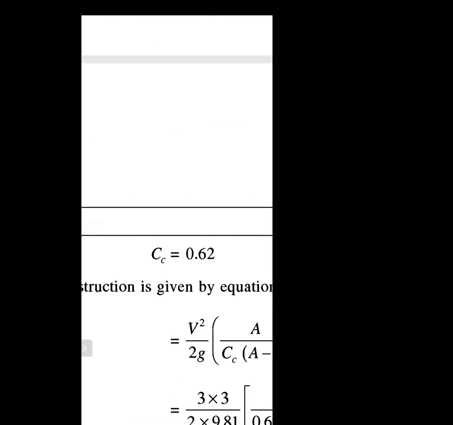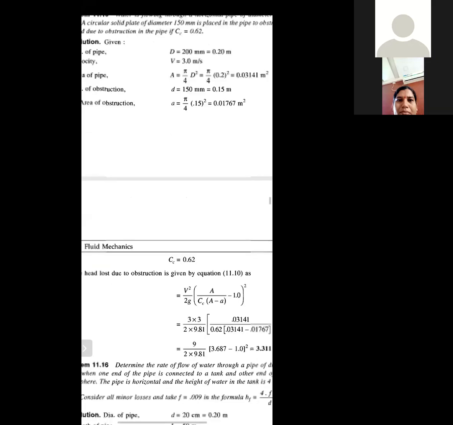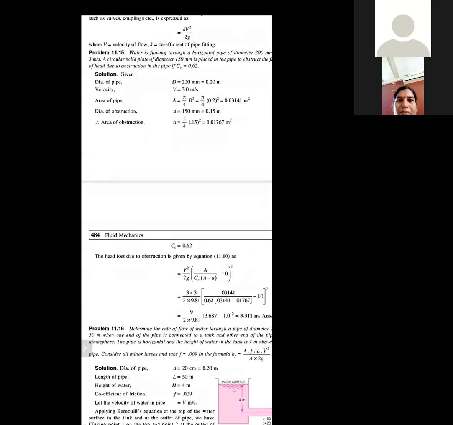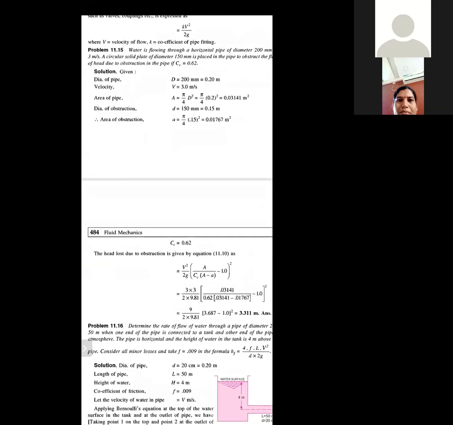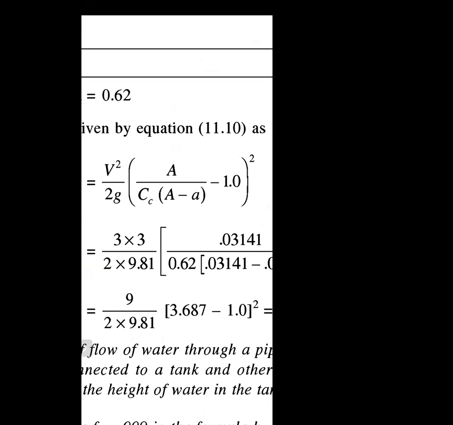And here Cc is directly given in your problem. In this case, you have to calculate total head loss due to an obstruction only. As we know, the formula is V square upon 2g, in bracket, capital A upon Cc in bracket capital A minus small a, minus 1, whole bracket square.